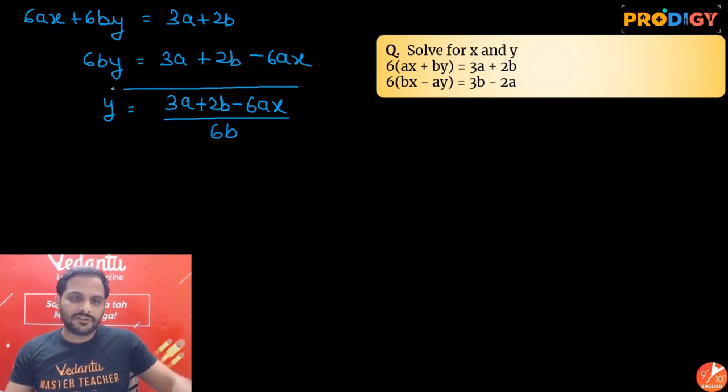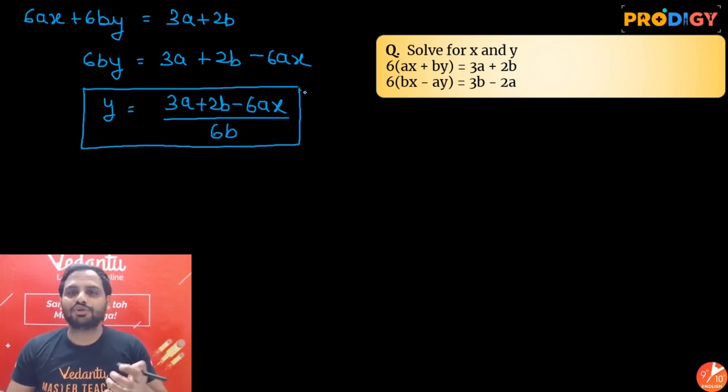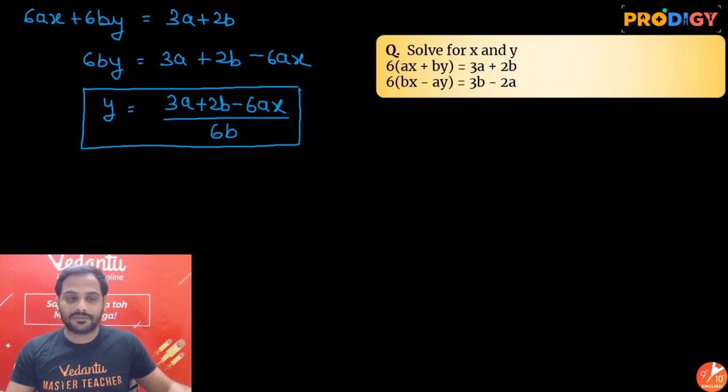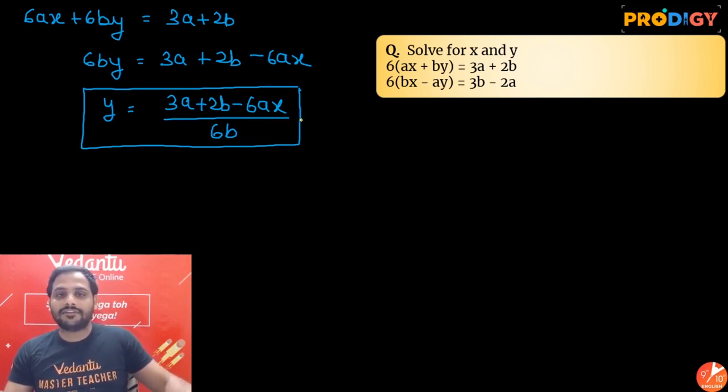Guys, you can solve it with any method you want. I'm just trying to show you all three methods. I have chosen the first equation, and from there the variable y. Now I will substitute this value in the second equation, 6bx minus 6ay is equal to 3b minus 2a.